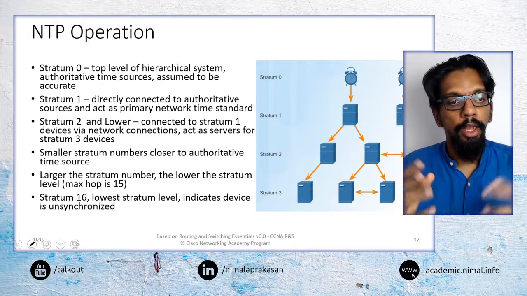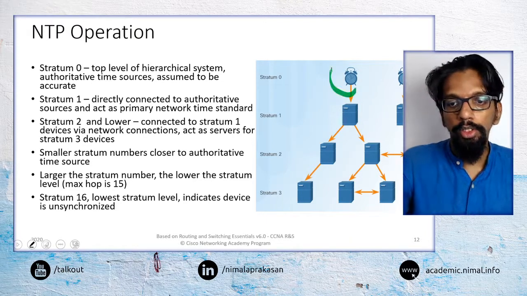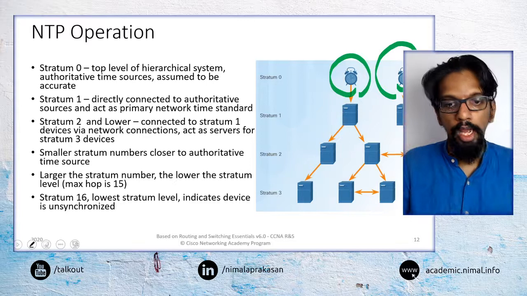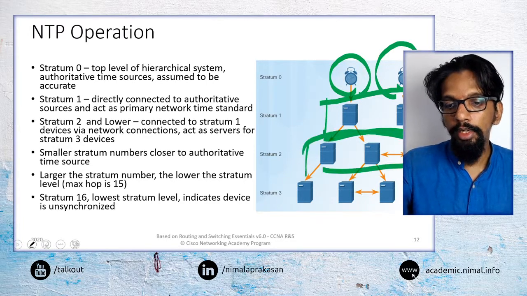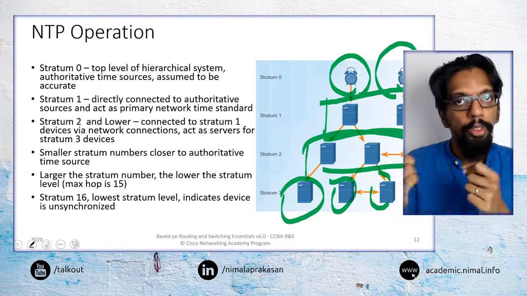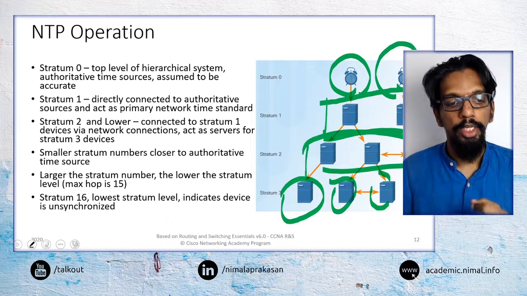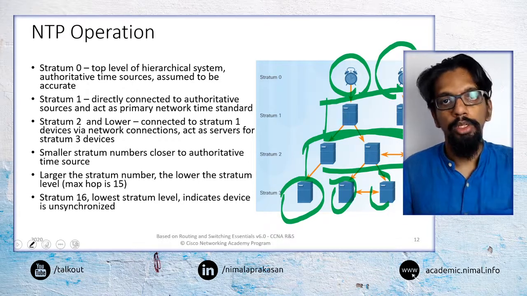So these are sort of hierarchical set of clocks. So we have certain clocks that are at the higher level, and then there are some servers at different levels, and then we may connect to some of these NTP servers to get the accurate time as we need. So we can have multiple layers of these NTP clocks.